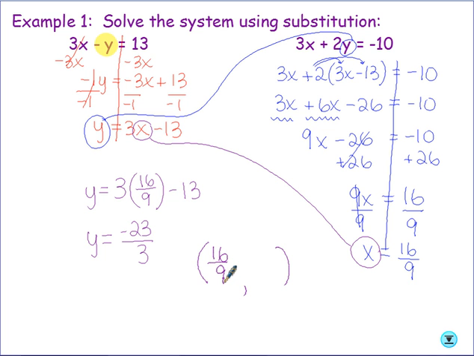Y comes second, negative 23 over 3. Okay, so this is a longer process. Remember, get a letter by itself, play connect the dots and solve, play connect the dots again and solve, and then write your answer. So let's look at our next example together.